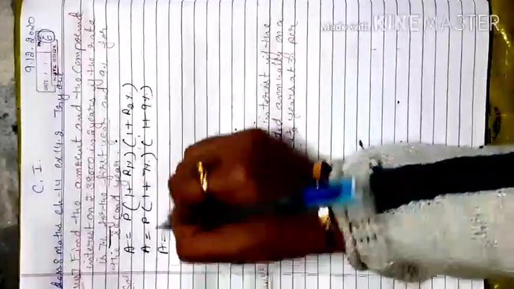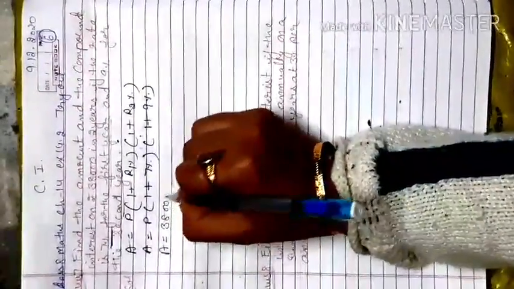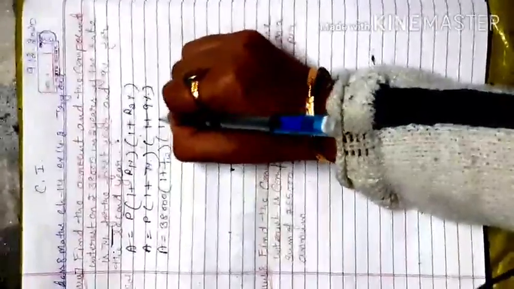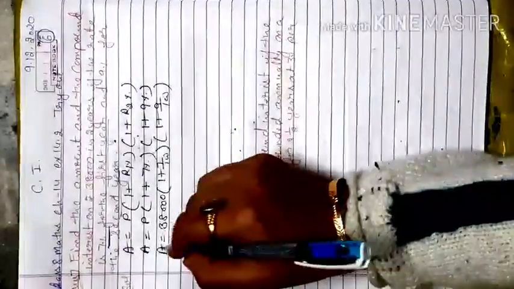Now the amount you have to calculate. Principal is 38,000, 1 plus 7 by 100 and 1 plus 9 by 100, because percentage changes into 1 by 100.